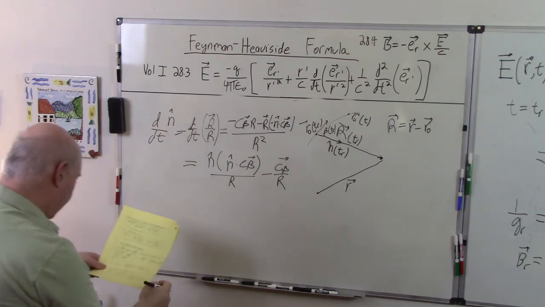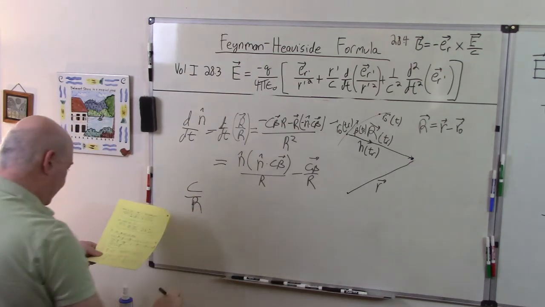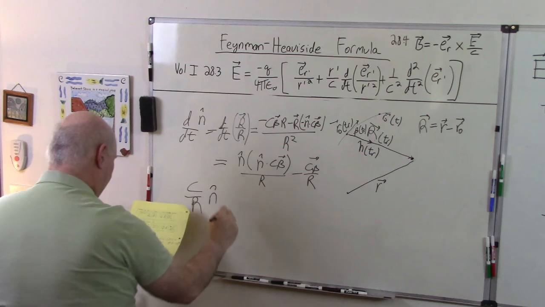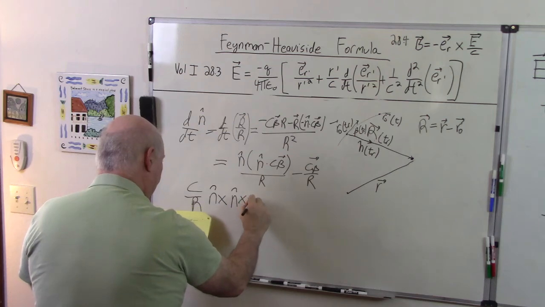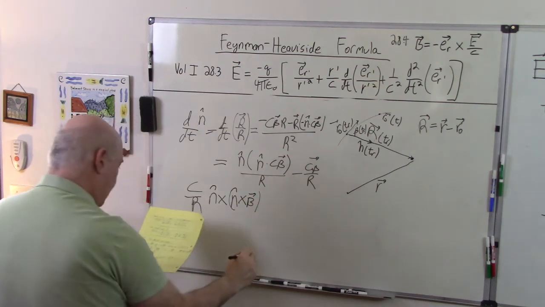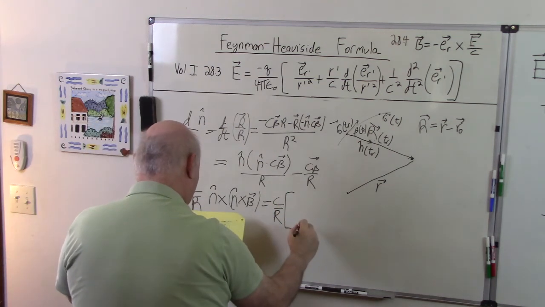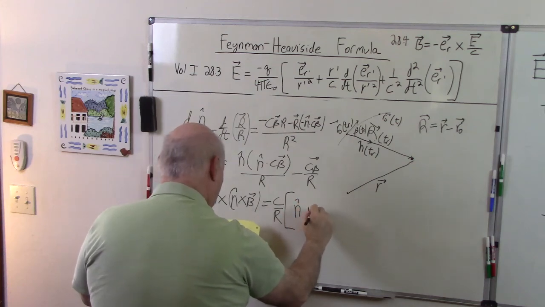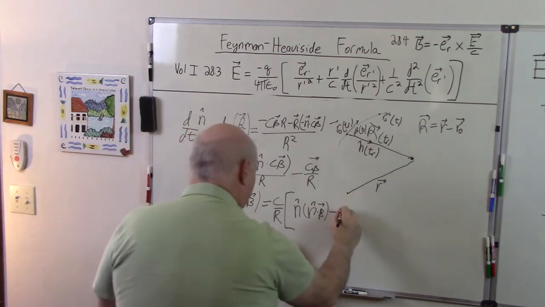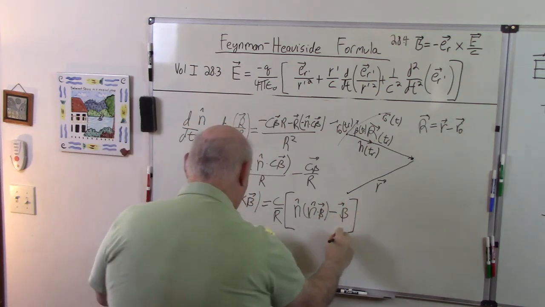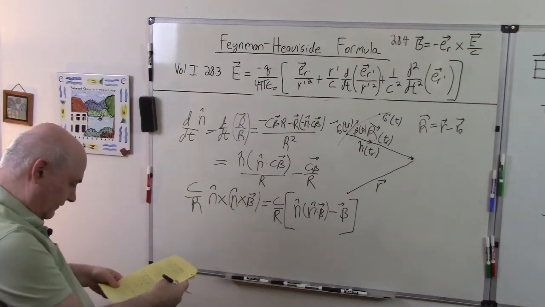And for those of you who want to do the magnetic field case, you'll need this. We won't do it, but it is easily derived from what we've done. This is equal to c over R, n hat dot beta, minus beta. But we won't actually need this one; we'll just need this for the electric field. This would come into play for the magnetic.